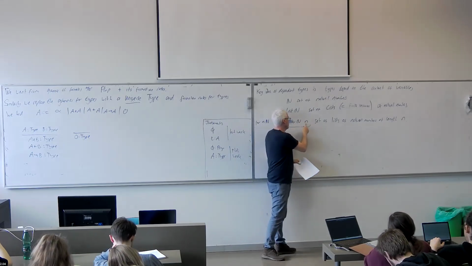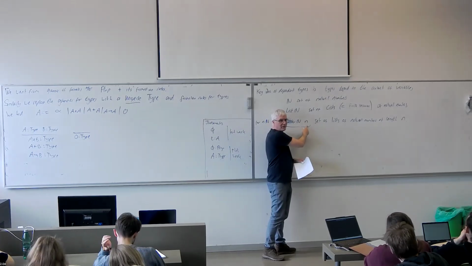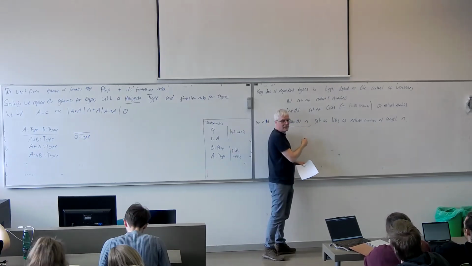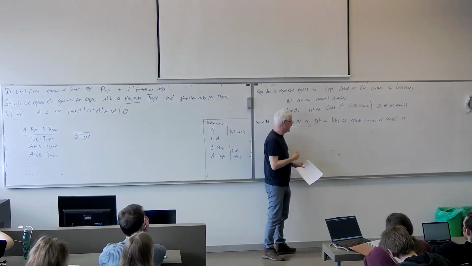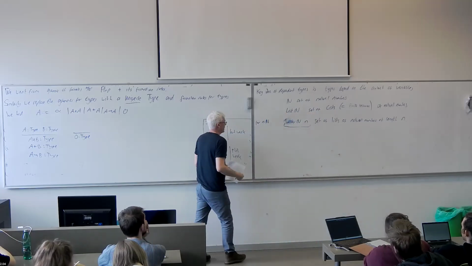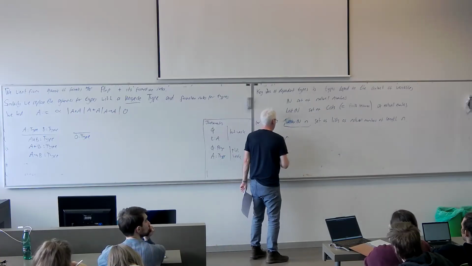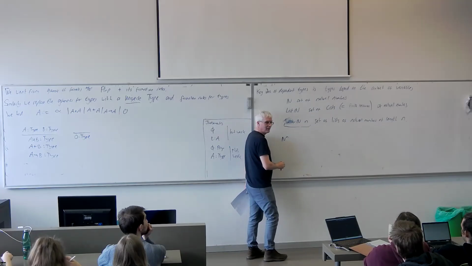Now this needs to be a natural number, and the point of this is to specify the length of the vector. One does this sort of thing in maths all the time, and also in computer science. Not normally with this notation, but one would just normally write N to the n like that for this set.